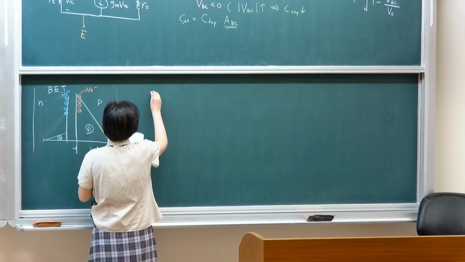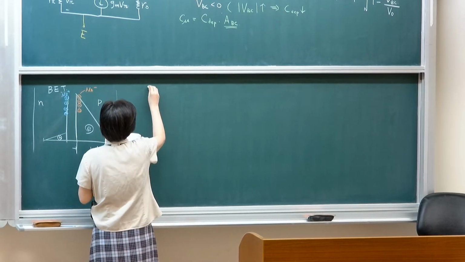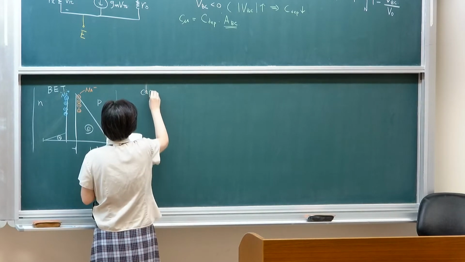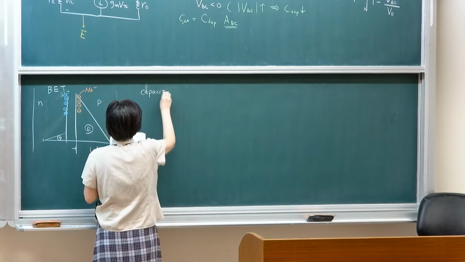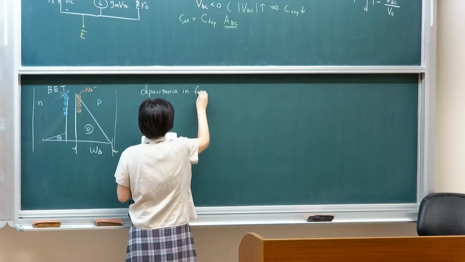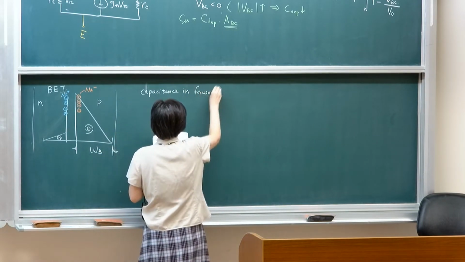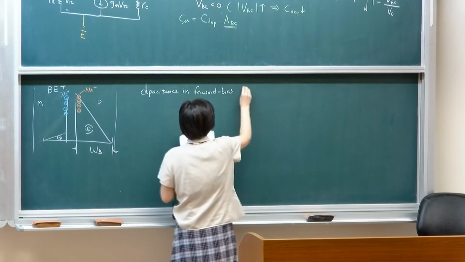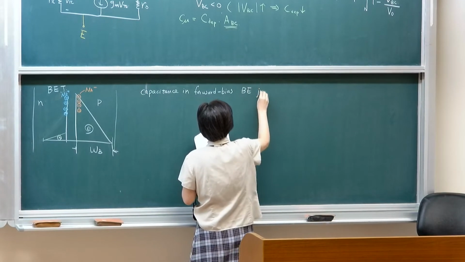So if you think about it, this capacitance is referred to BE, the capacitance in forward bias of the BE junction.